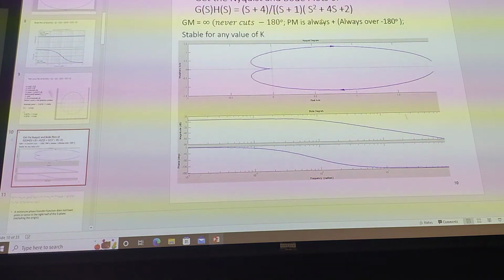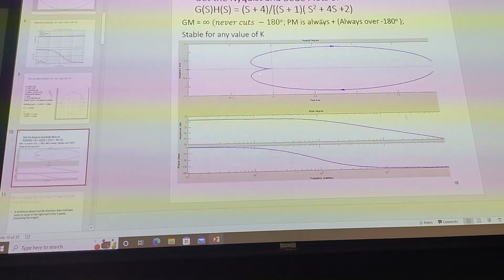And the phase margin is given here when you cut the 0 dB. The phase margin is positive all the time because the system never reaches the minus 180 angle.